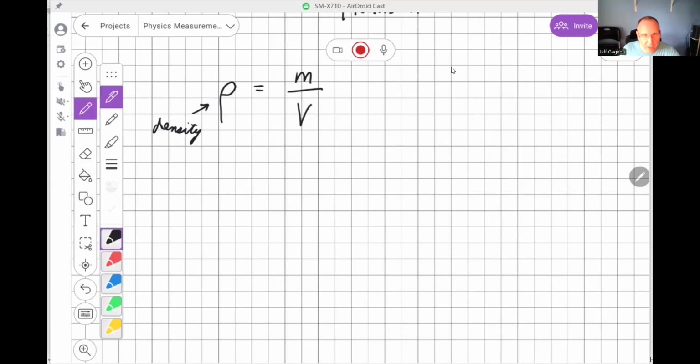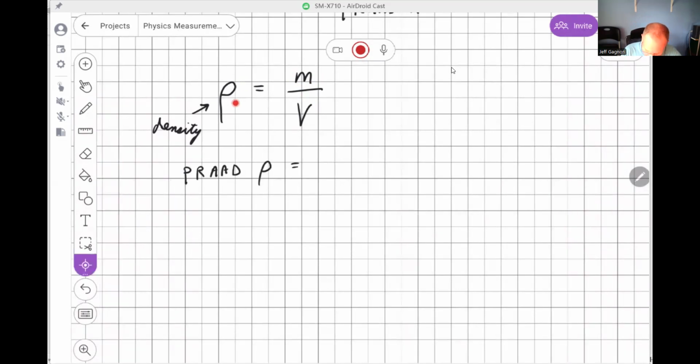Okay, for the second part of that table, you want to find the prad for density. So prad for rho, right, for density. Well, remember, it's the same rule as previously. If I want to find the prad for this dependent variable here, in this case density, if the formula involves either multiplying or dividing, this is true for either multiplying variables together or dividing variables, then the rule is you always just add the respective prads.